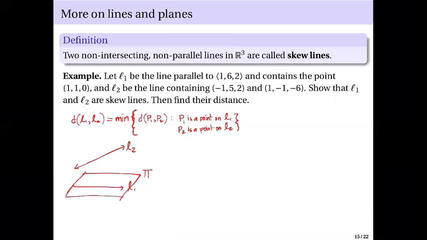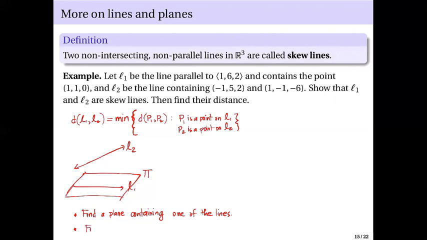The second step is to find the distance. So find a plane containing one of the lines, and then in step 2, you find the distance of that plane from the other line.